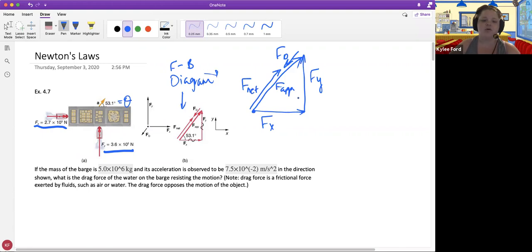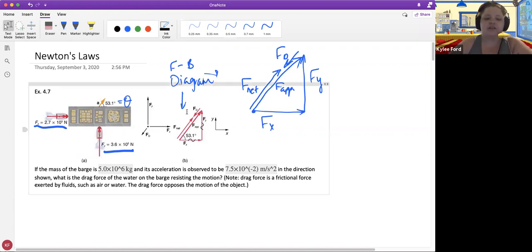Okay, one thing that you can notice right away is they also have some angle here. And the way that they figured that out is because that's the angle of the acceleration here. You see that angle right there? That is going to be the same angle that's formed here.